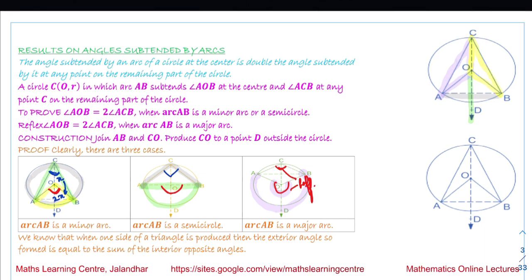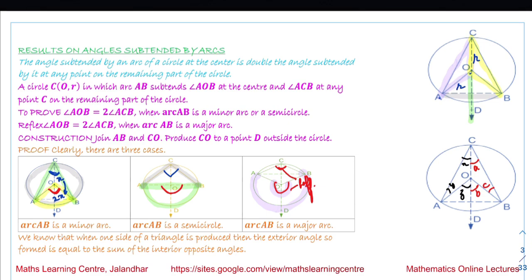Suppose we mark these angles in this triangle as, for this angle we are saying this is X, this angle is Y, and this angle is Z. Similarly, this angle is A, this angle is B, this angle is C. Now, if we look at these triangles, OA is the radius of the circle, and OC is the radius of the circle.